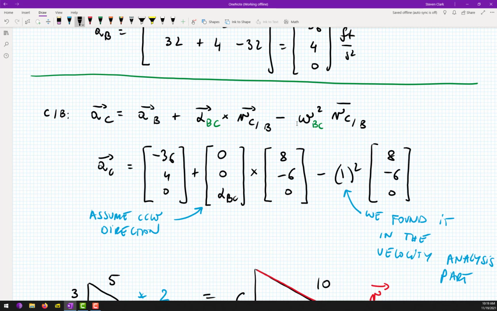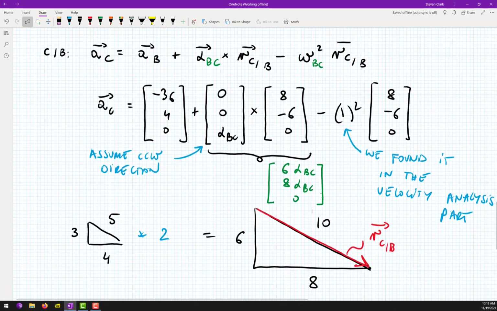If you run this determinant, you will obtain that this vector is, oh sorry, no, this will be 6 alpha BC, 8 alpha BC, 0.